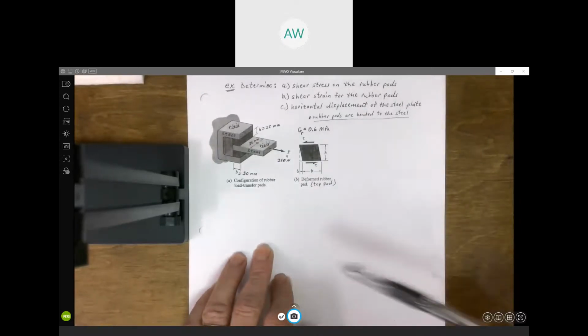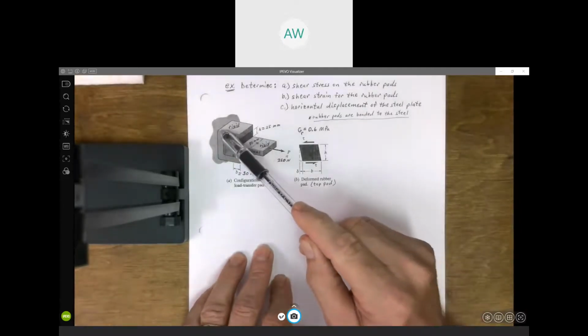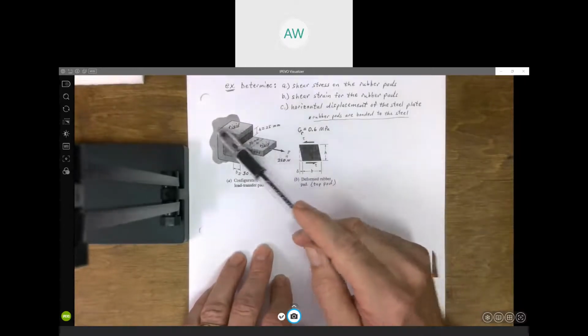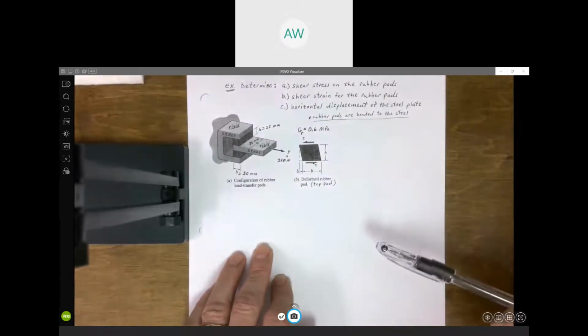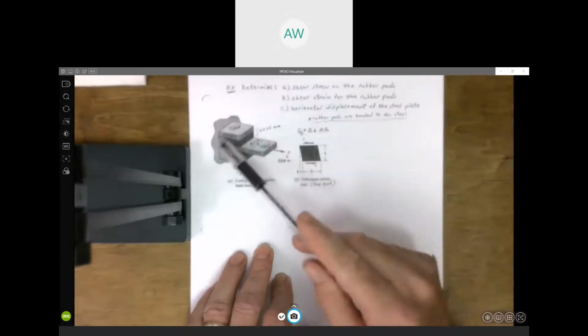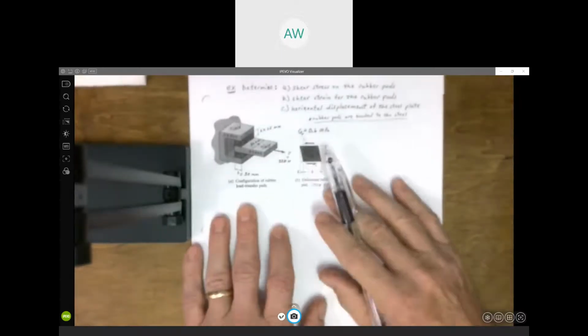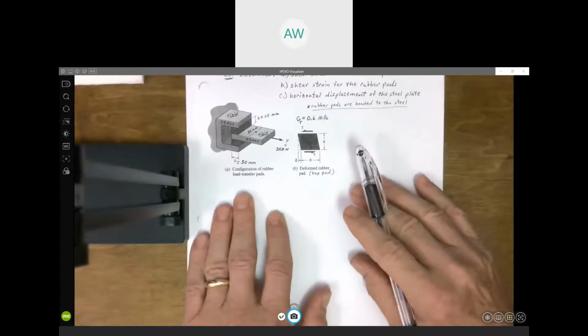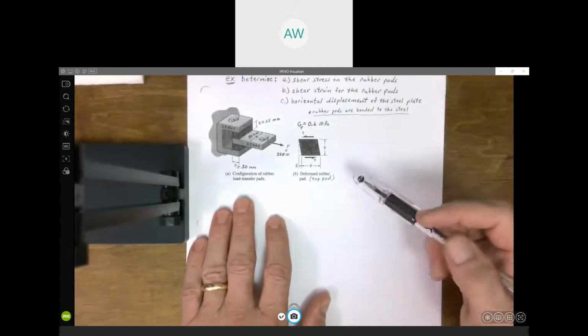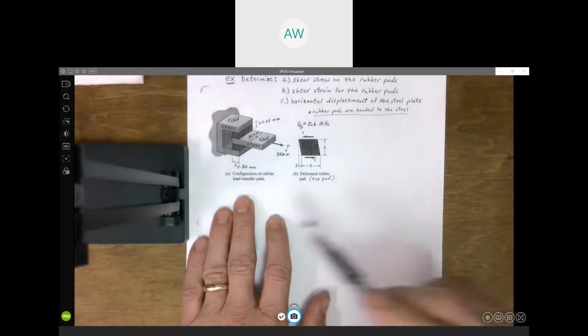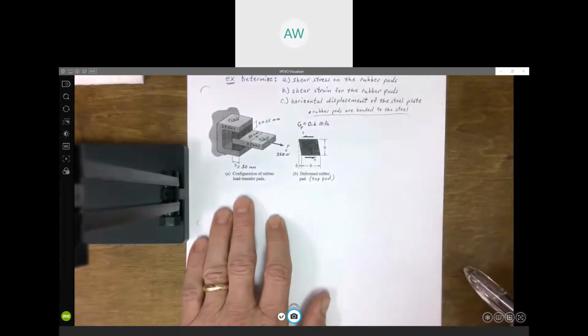But what you'll see is we've got this steel, I don't know what you call it. It's kind of a C-shaped bracket looking thing. It's made out of steel, and we're assuming that it is rigid. So that means that we're assuming that steel does not deform or change shape, right?